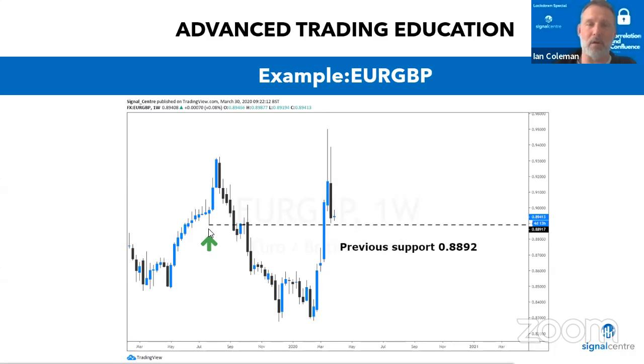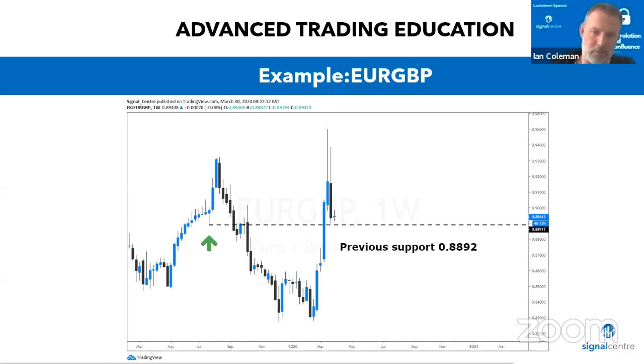So now we've got a combination of 3 different factors that tells us that potentially we could be stalling, reversing at a zone which is 88.92, 88.82. We actually had other factors here, which we're going to show later when we're talking about correlation, not confluence.